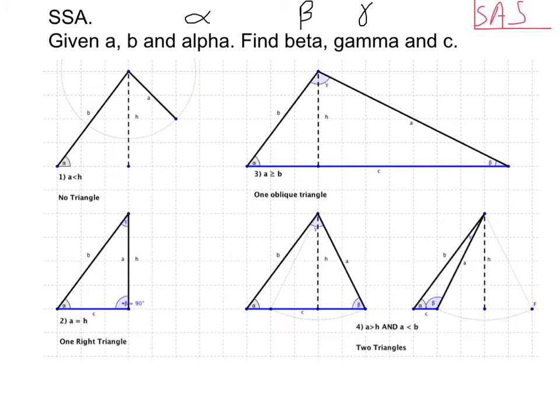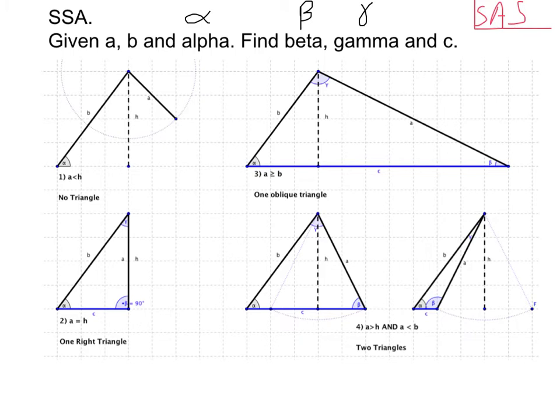Now a lot of what we've talked about here is comparing A to H. Is A less than H? No triangle. Is A equal to H? One right triangle. Is A greater than H and less than B? Two triangles.